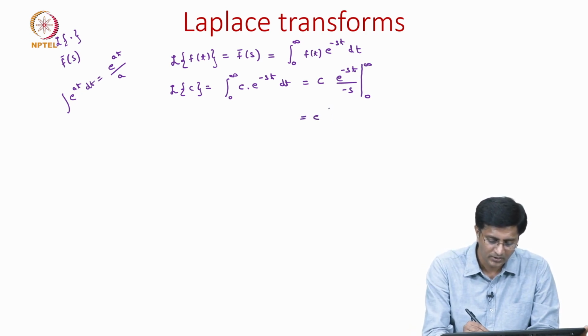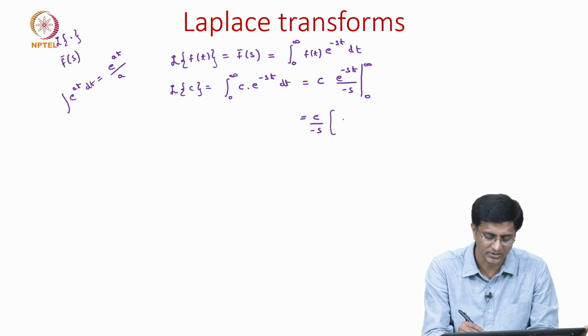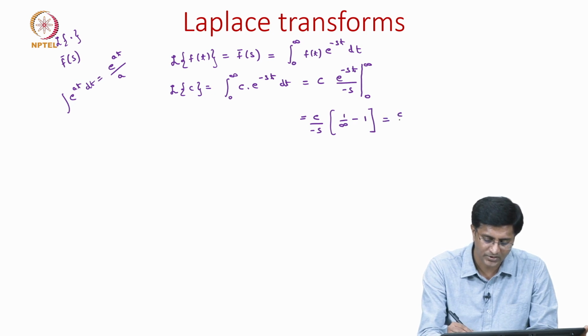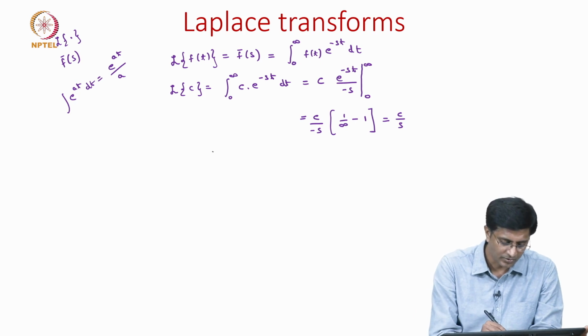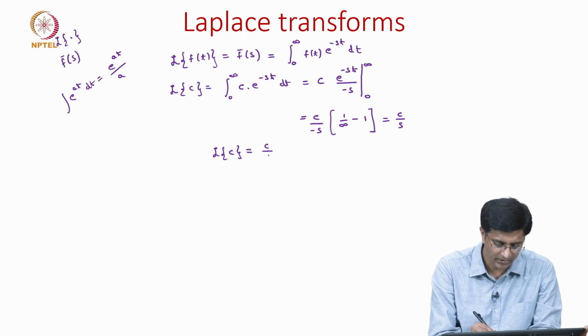So, let us take the constant c out by minus s, and now apply infinity to e power minus st, then it will be 1 by infinity, which is 0, minus e power 0 will be 1. So, what we get is constant c by s. Laplace of a constant is c by s.